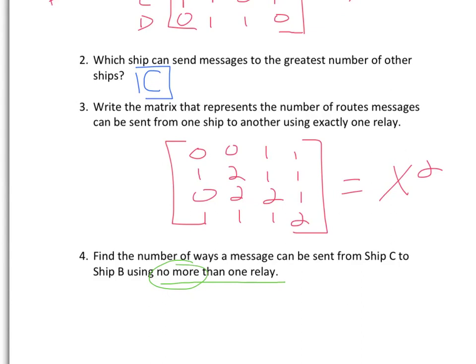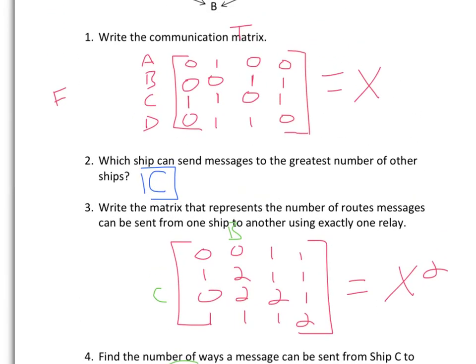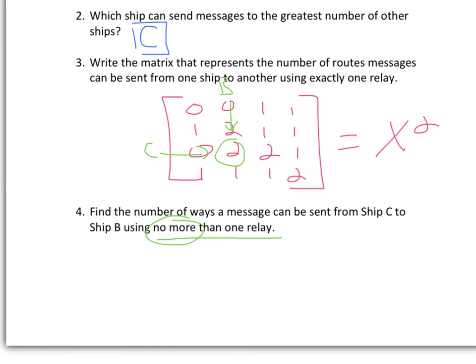No more means if we're looking from C to B, this is using one relay, and this matrix up top from C to B, that number is using 0 relays. So we need to add those two numbers up from C to B, using no more than one relay, so either 0 or 1 relays. That means we add up 1 plus 2, and the answer is going to be 3. Wonderful.